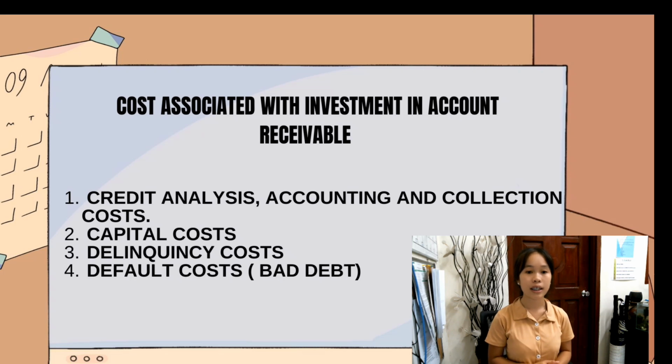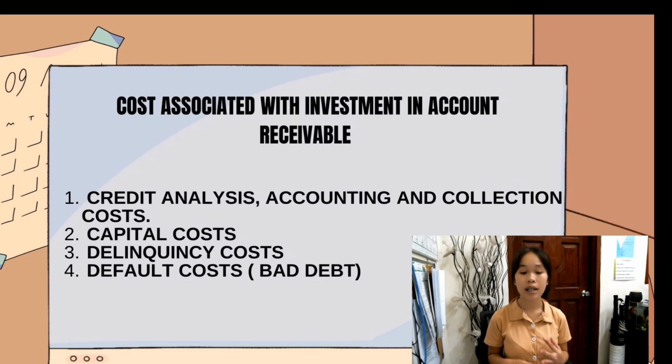So second is capital cost. Once the firm extends credit, it must raise funds in order to finance it. The interest to be paid if the funds are borrowed, or the opportunity cost of equity capital, will constitute the cost of funds that will be tied up in the receivables.